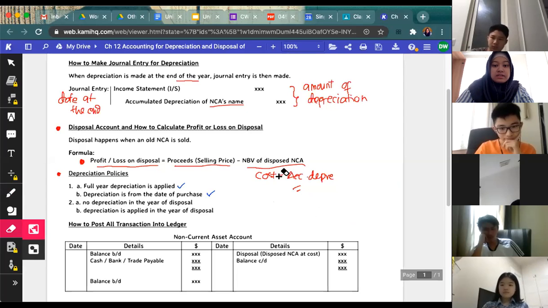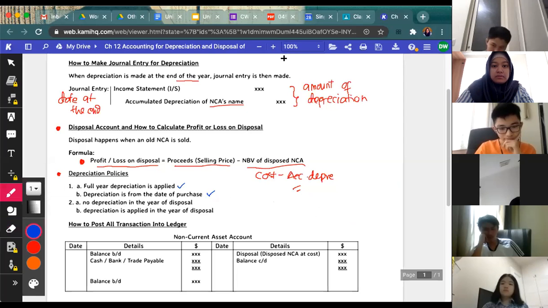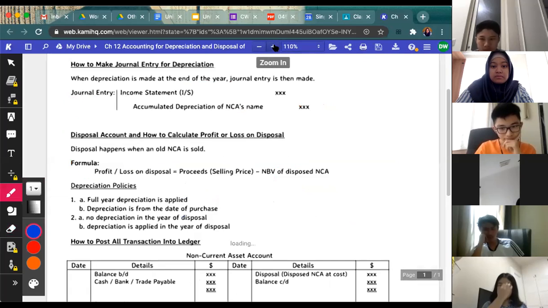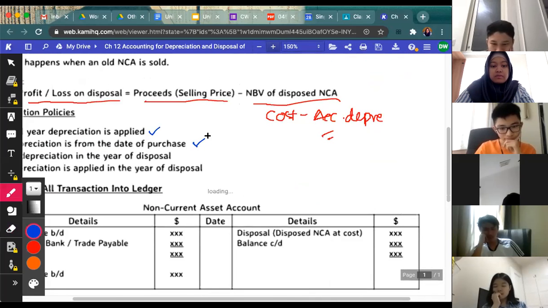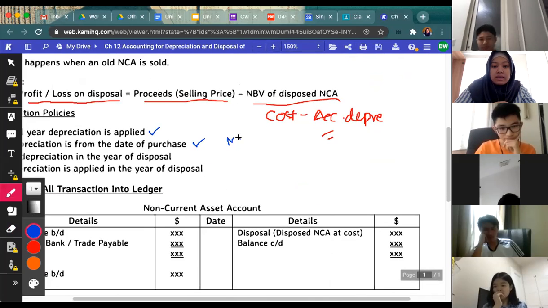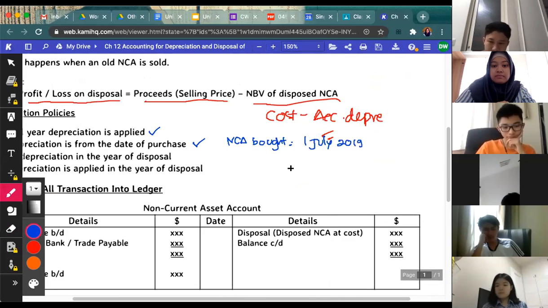Okay, now pay attention. NCA purchased on 1 July 2019.